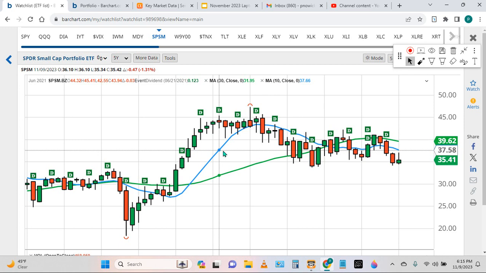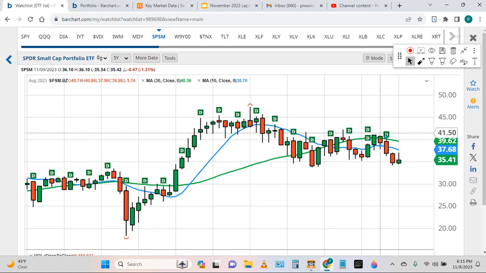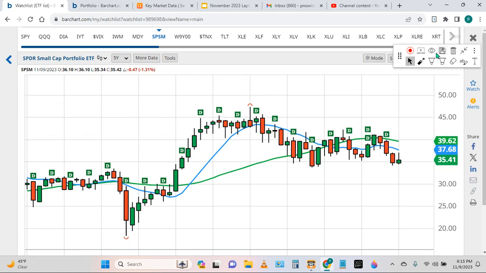This also is a small cap tracking stock, SPSM. Tracks quite a few small cap companies. So again, small caps were kind of bought up and sold off over 100% from bottom to top, back down, and now we're trading towards the bottom of the range. Not showing a lot of strength there either in small cap stocks.